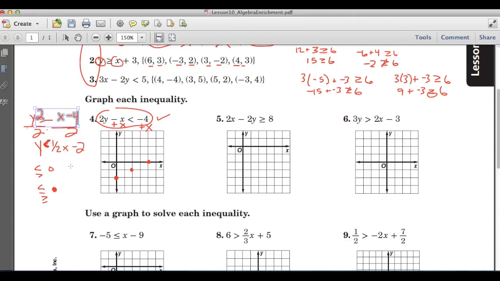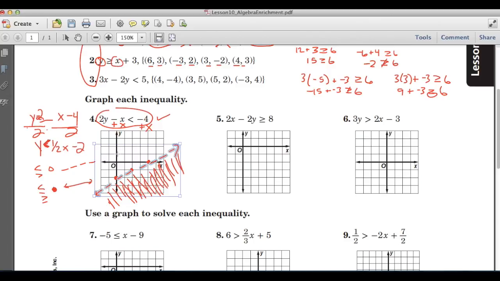Well, when we're graphing inequalities, that open circle is going to translate to a dotted line, and the solid filled-in circle is going to translate to a solid line. So since this is less than, we're going to use a dotted line to connect those points. And then since it's less than, we're going to shade all the parts down here, because all of these ordered pairs are solutions to that inequality.